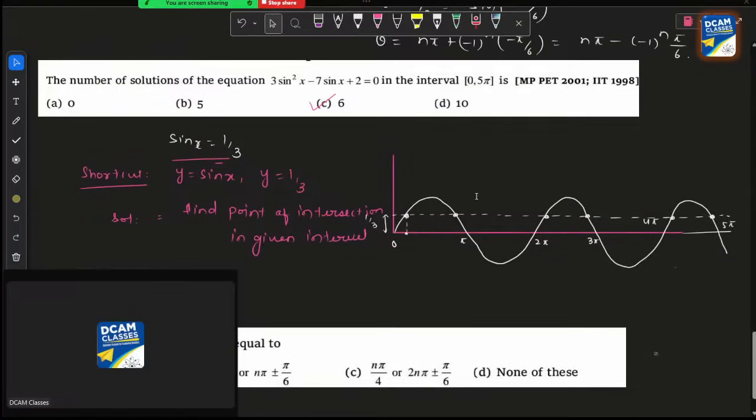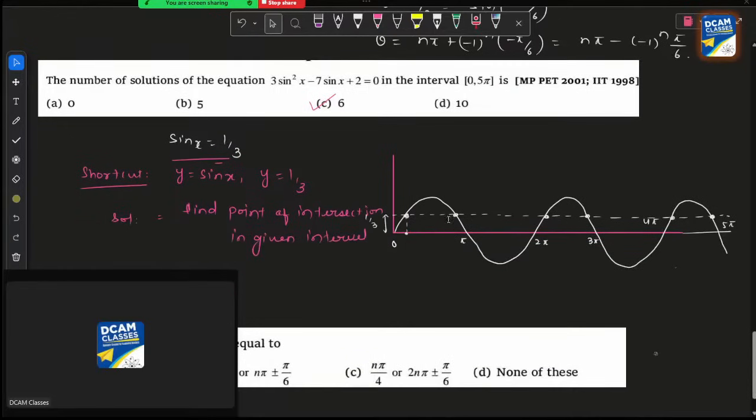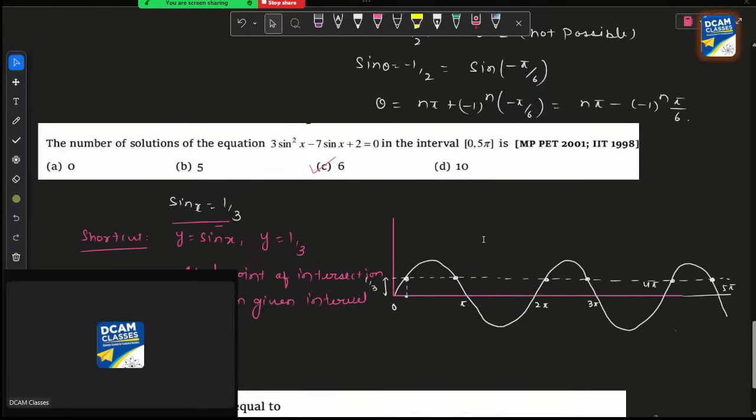I wanted to ask, how did everyone try to attempt this question? Did you solve using this graph only, or were you trying some other method? Haripriya, how were you solving? I was trying to find the value of x for one side.